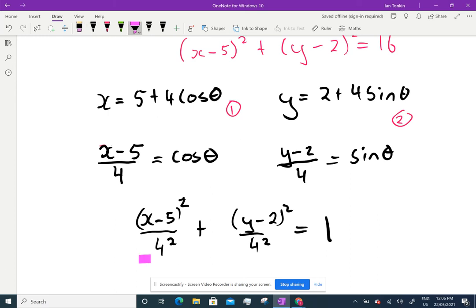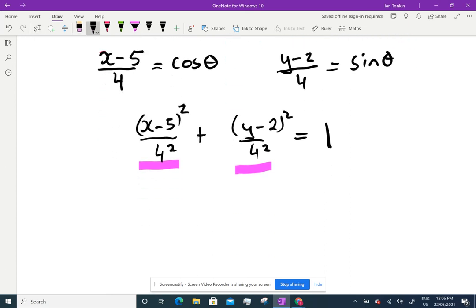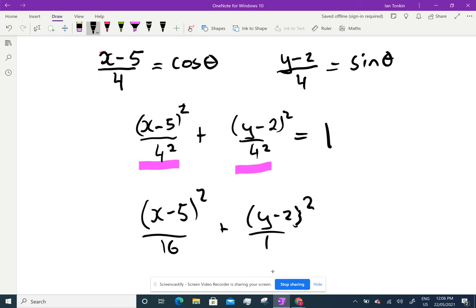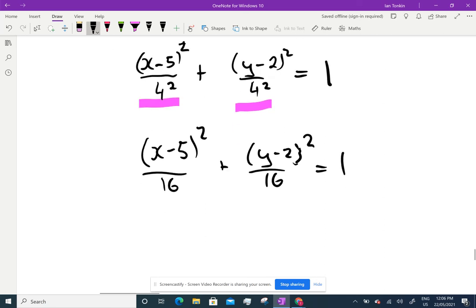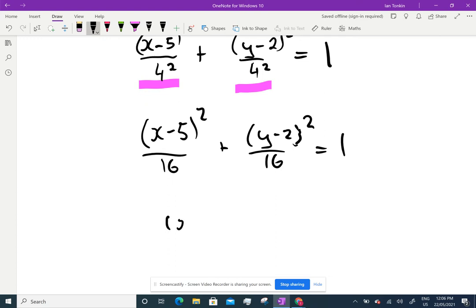Because that's cos and that's sine. And we just squared them both, and we know that that's true. So therefore we get x minus 5 squared on 16 plus y minus 2 squared on 16 equals 1. Multiply the 16s across and we get x minus 5 squared plus y minus 2 squared equals 16.